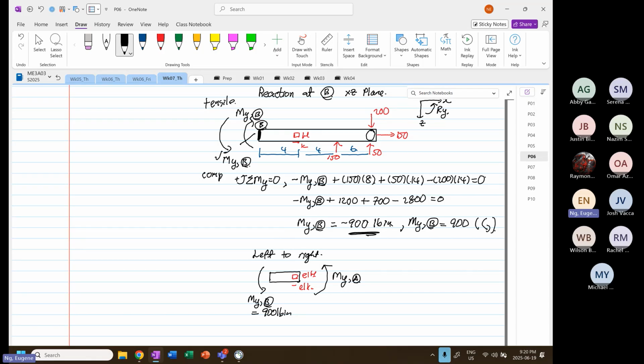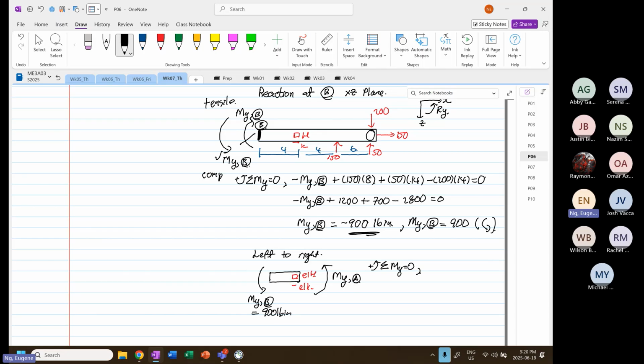Some of you might tell me, Eugene, isn't this going to rotate? Yeah, it's the assumption that we make. From left to right, that is positive shear, positive bending moment assumption. So you do summation of moment at Y is equal to 0.